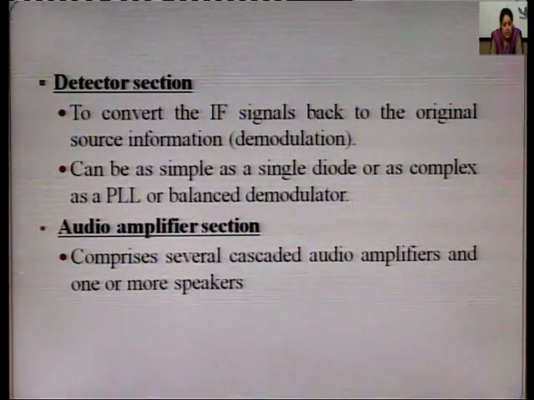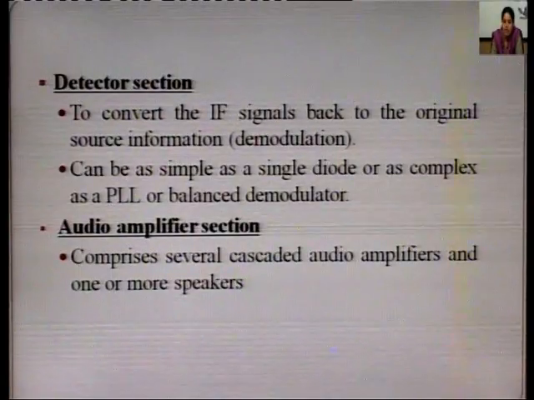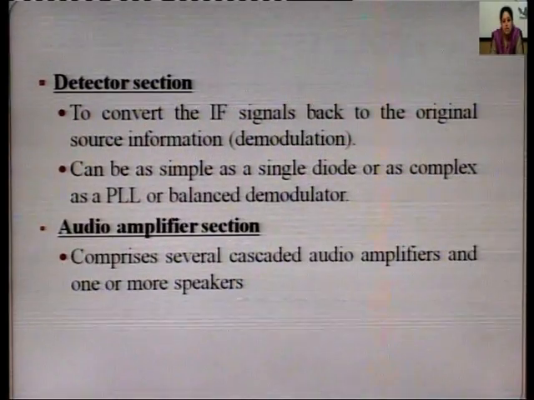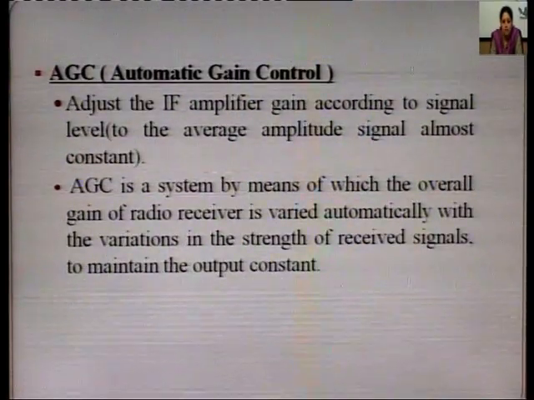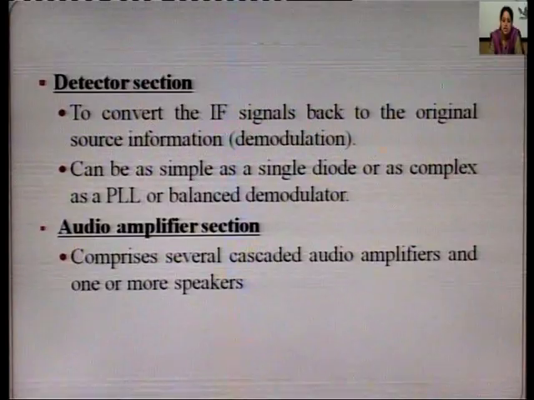Now coming to the detector section, as we have discussed, it converts the intermediate frequency signals back to the original source information by the process of demodulation. It can be as simple as a single diode, or it can be as complex as a PLL, that is a phase locked loop circuit, or a balanced demodulator.